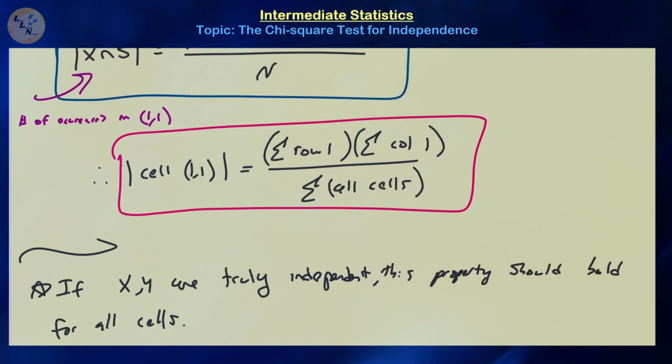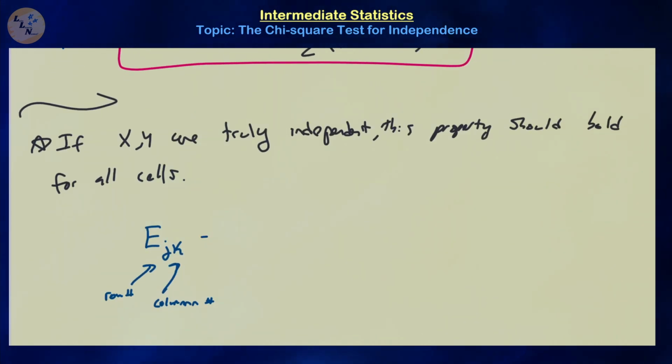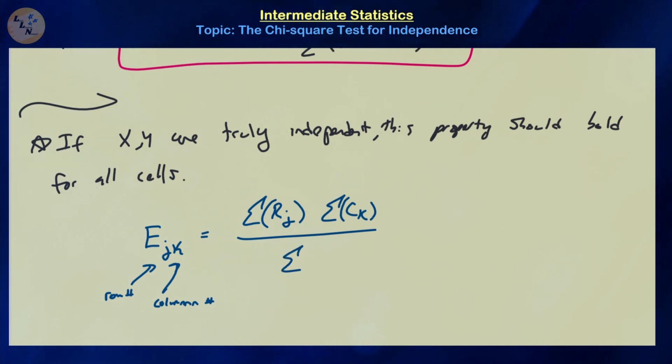So this form here is going to be equal to E11, for example. So Ejk is going to be equal to the sum of row j times the sum of column k, all divided by the sum of all of the table values. So the total, that's the grand total, I guess you could say.